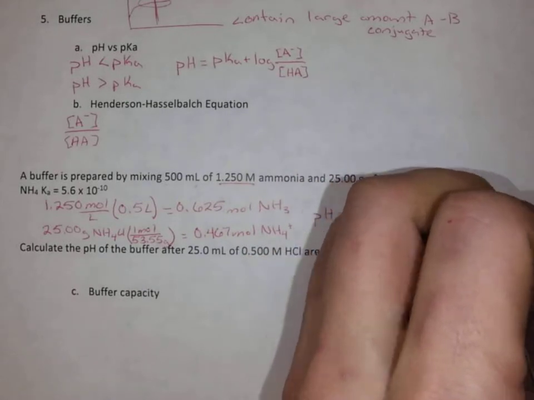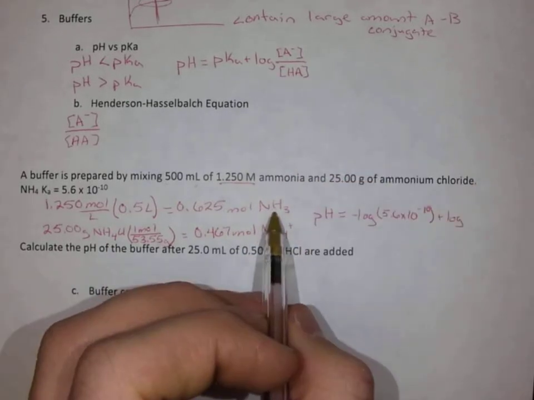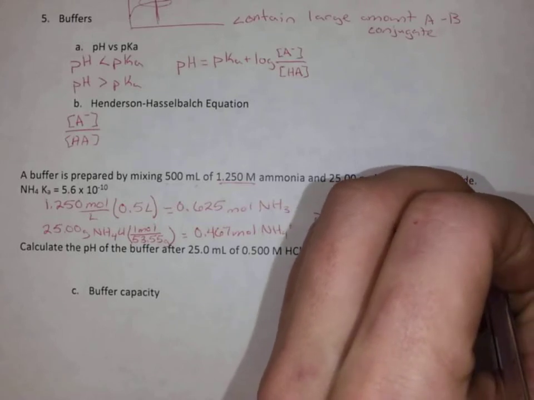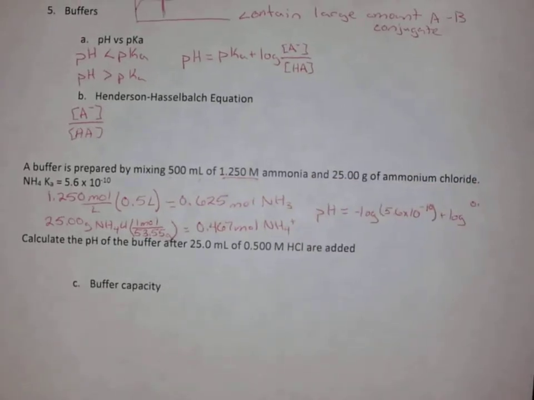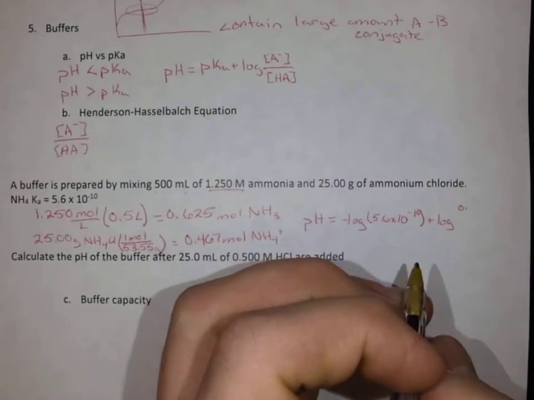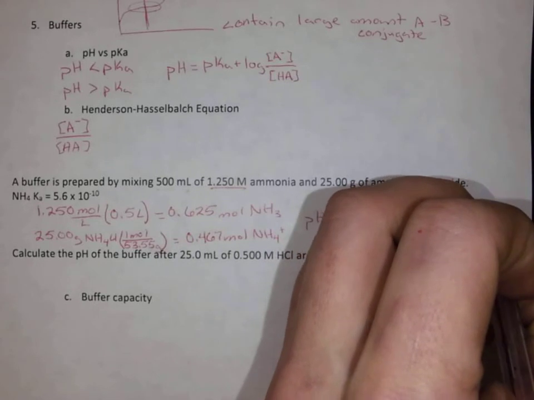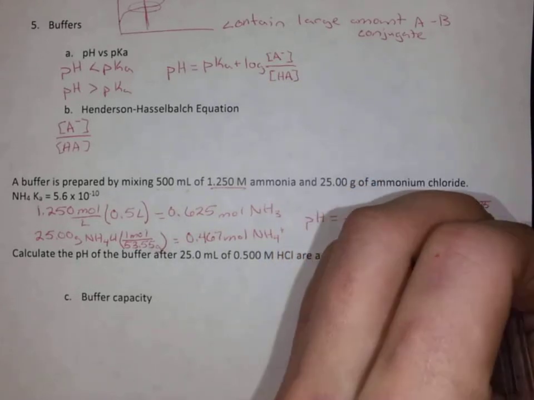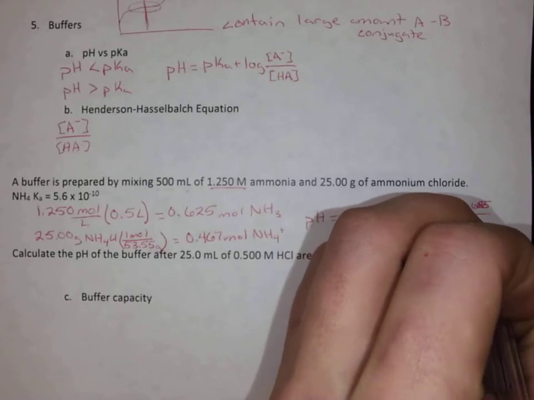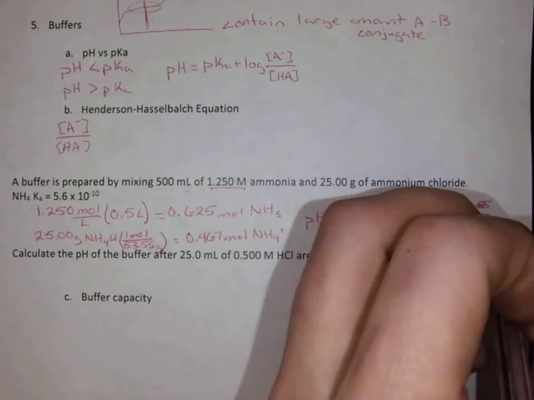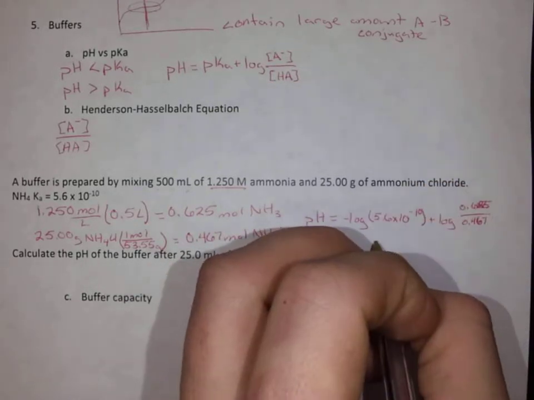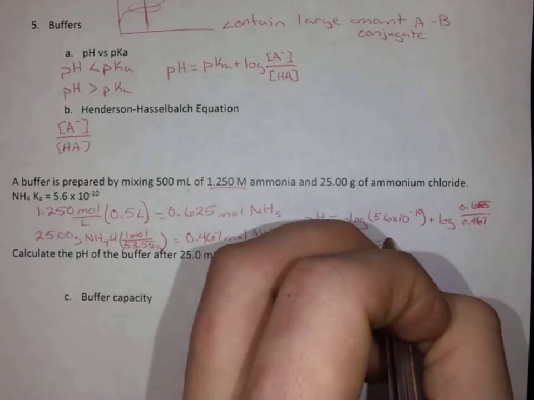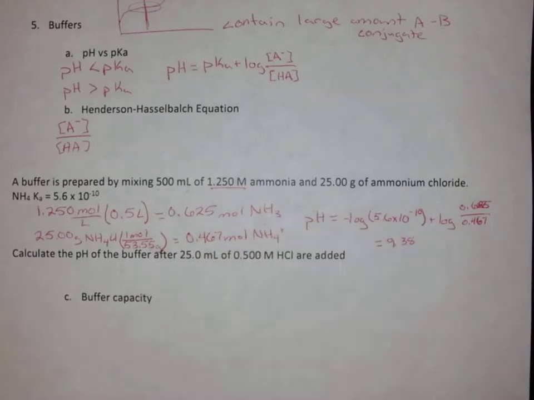So moles of A minus, that would be NH3, 0.625 over 0.467. That should equal 9.38. Let me check my numbers.